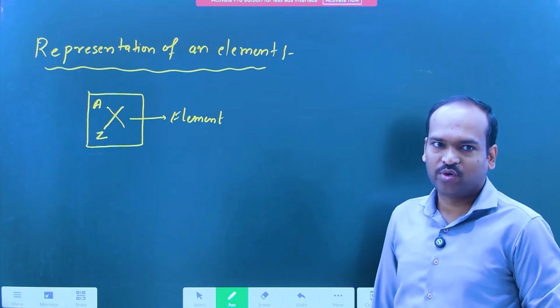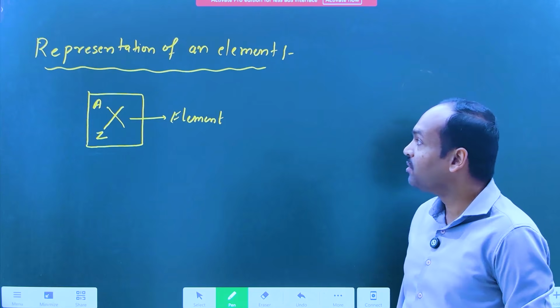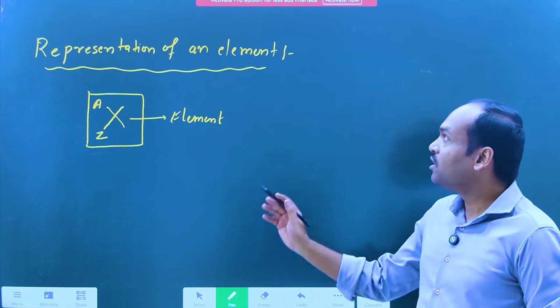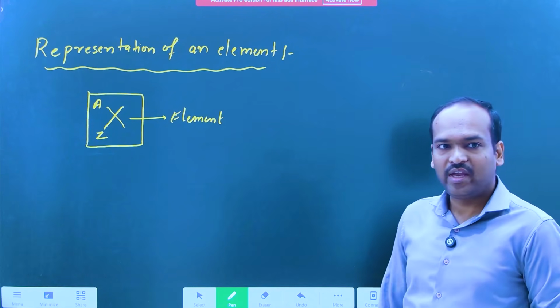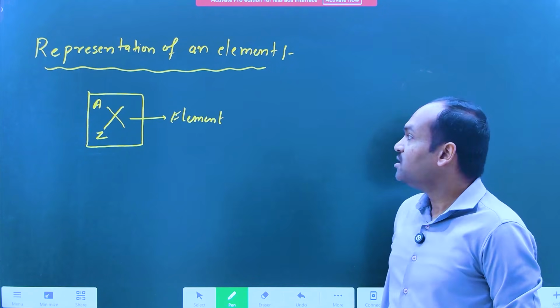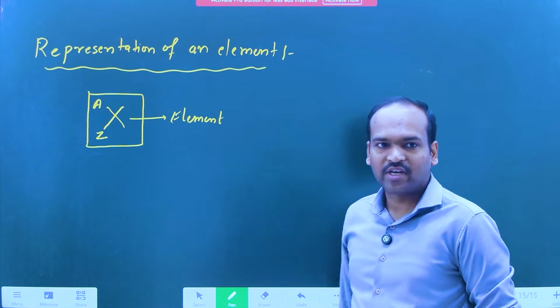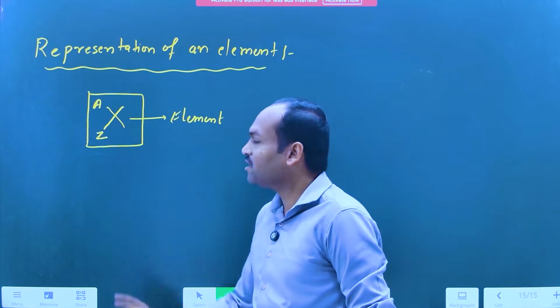Good, just listen, because we have to go according to the plan. So representation of an element uses Z and A, where Z is the atomic number and A is the mass number.